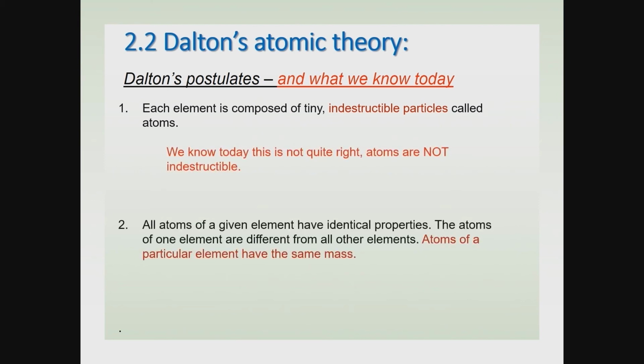Another thing that he didn't get quite right was the second postulate, one of the facts in it that he proposed. He felt that for a particular element, all atoms of that element will have the same properties and the same mass. He only got that part right.